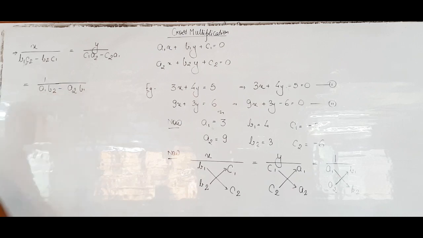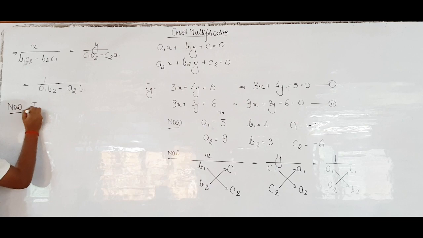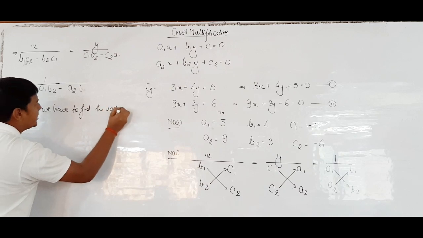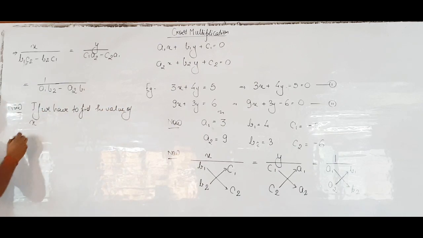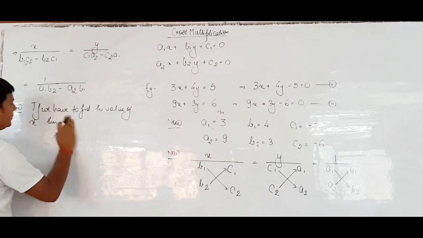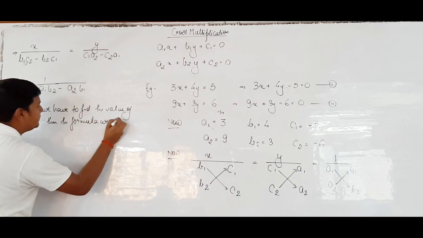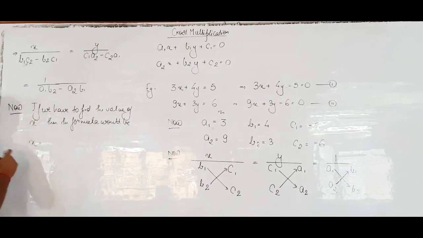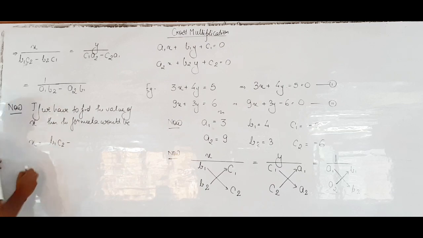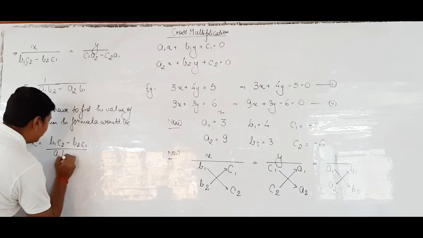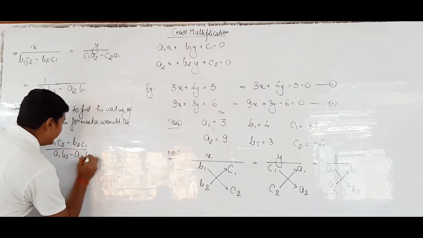Now, if we have to find the value of x, then the formula would be x is equal to b1 c2 minus b2 c1 by a1 b2 minus a2 b1.